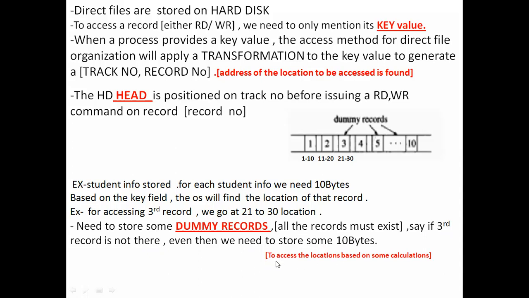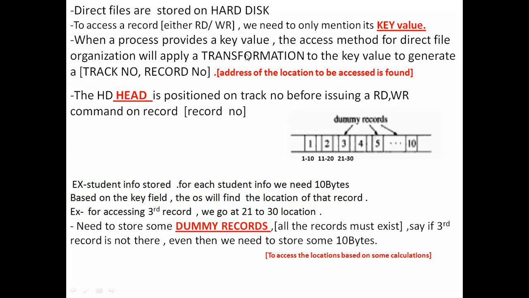Why? Because to access the location based on some calculation, we can access either the third record or the 10th record, and this accessing of any record in a file is based upon the transformation function. Using this transformation function on the key value, we are able to generate the track number and the record number.